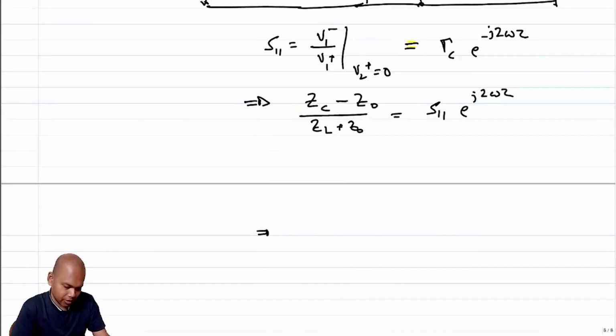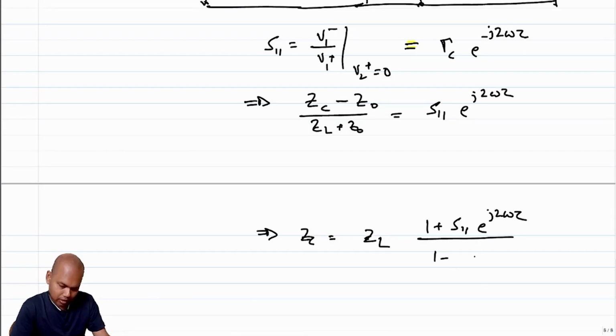Which essentially means your Zc is nothing but Z0 times (1 + S11 e^(j2ωτ)) by (1 − S11 e^(j2ωτ)).